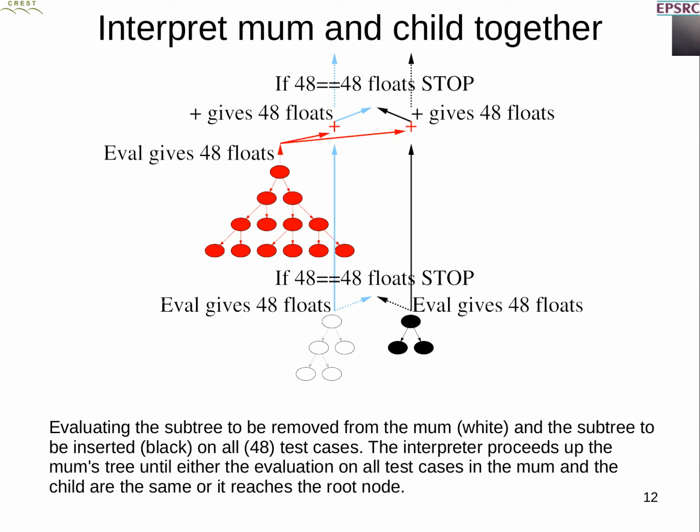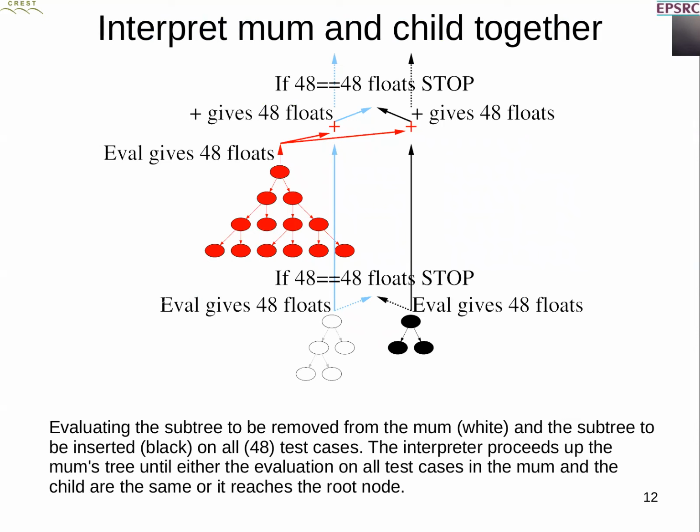Otherwise, we move up to the operation immediately above the crossover point, which happens to be an addition in this case. And the addition will need the evaluation of the other side. So it needs its second argument. But that code has not been changed. That code will be identical in the parent and the child.